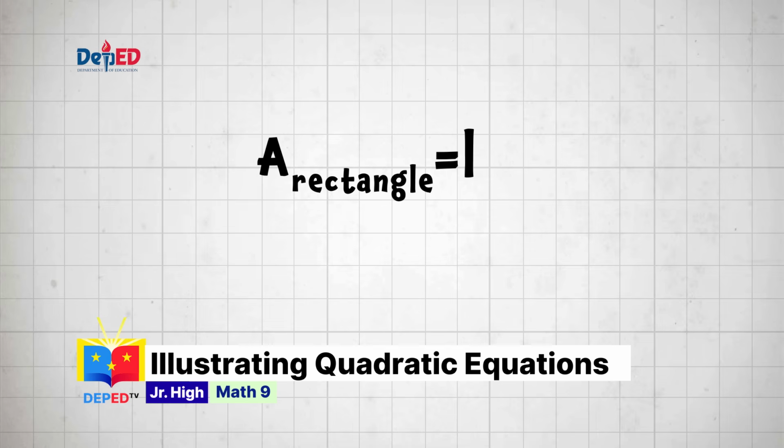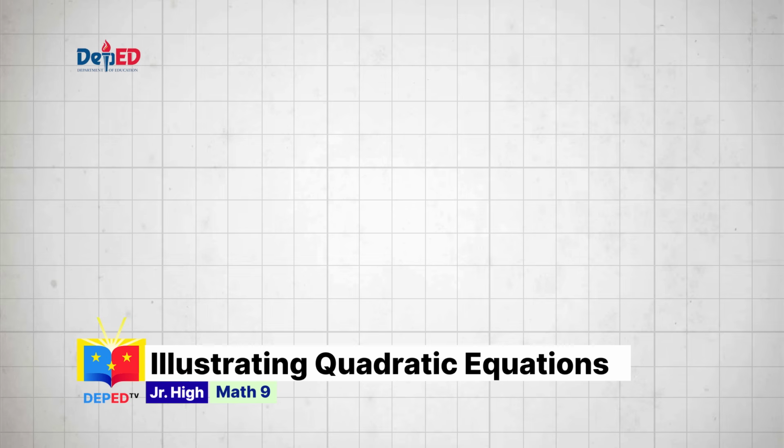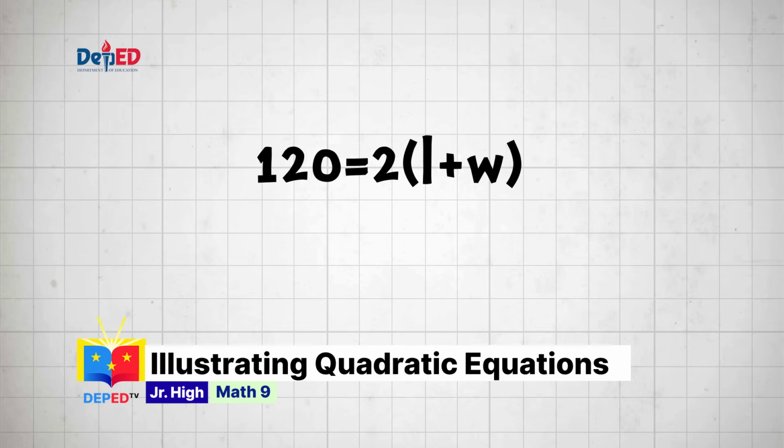First, let's recall the formula for the area and for the perimeter of a rectangle. The area is 864 square meters. It just means that 864 is the product of the length and the width of the floor. The perimeter of the floor is 120 meters.